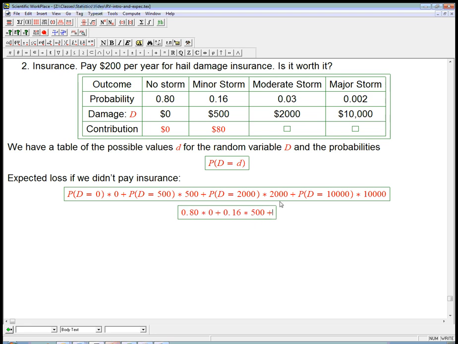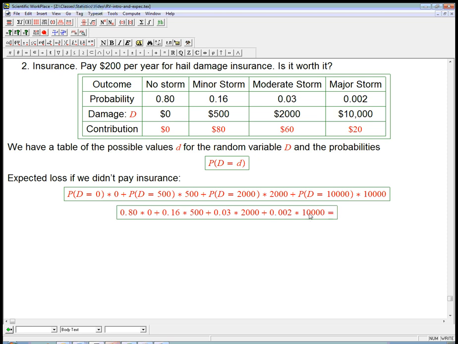We've got those already. Plus 0.03 times 2,000. That's going to be $60. And then this one's going to be 2 out of 1,000 times 10,000, so that is $20. Okay, and that's going to be our last one. Plus 0.002 times 10,000.